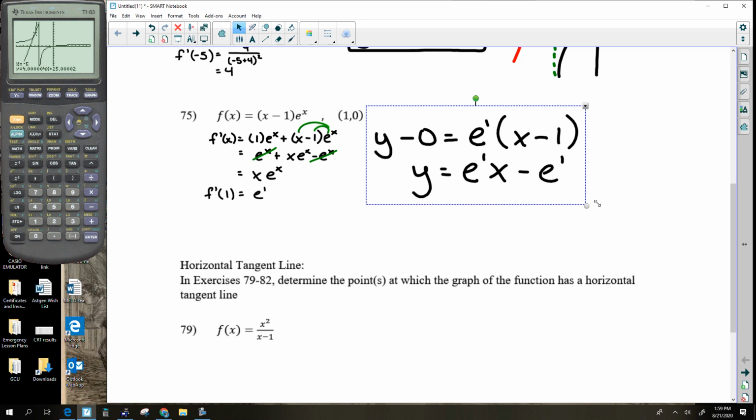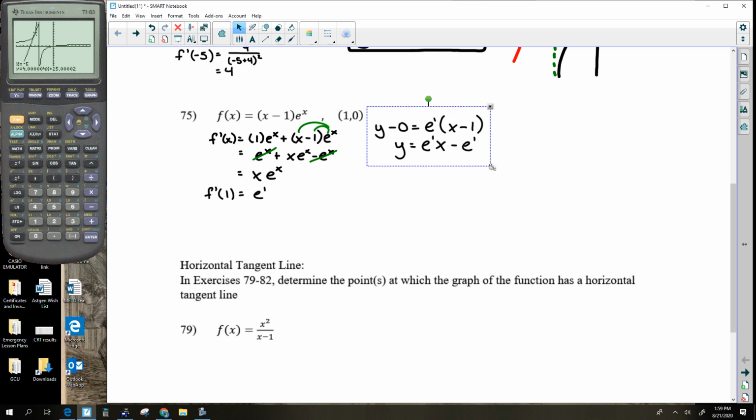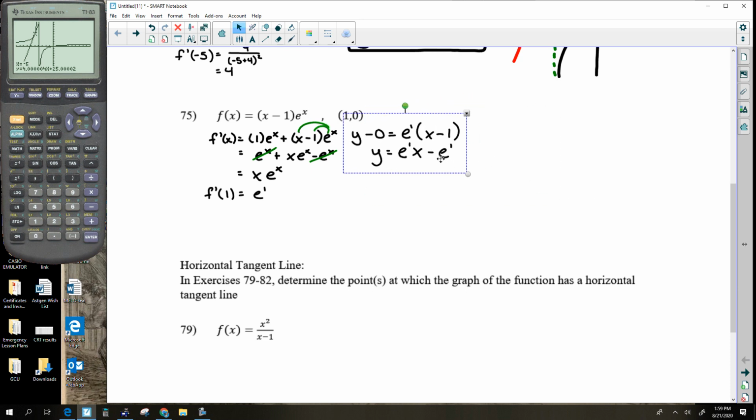Just to give myself a little bit of reference, when my calculator spits out numbers, how do I know if my numbers are correct and match my actual equation? I'm going to ask myself, what is e to the 1? As I said, it's a number.